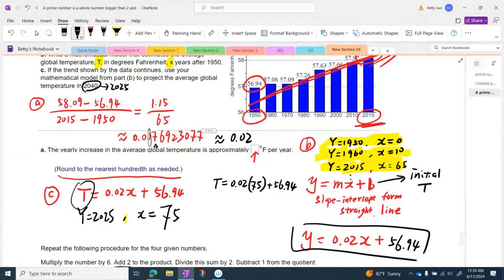So we plug in x equals 75. We multiply 75 by 0.02. We have 1.5. And we add 1.5 to 56.94. We got 58.44.